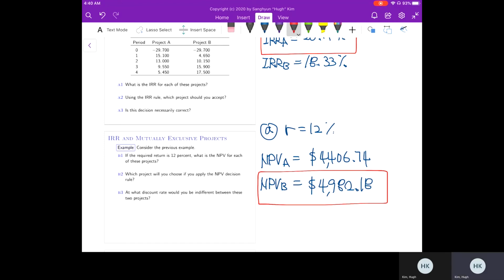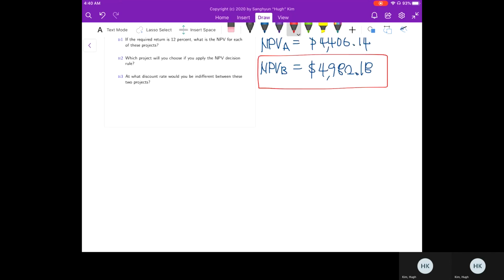So IRR and NPV lead to different decisions, and we should always use the NPV rule if there is a conflict. How about at other rates of required return? We can draw NPV profiles for both projects at different discount rates.